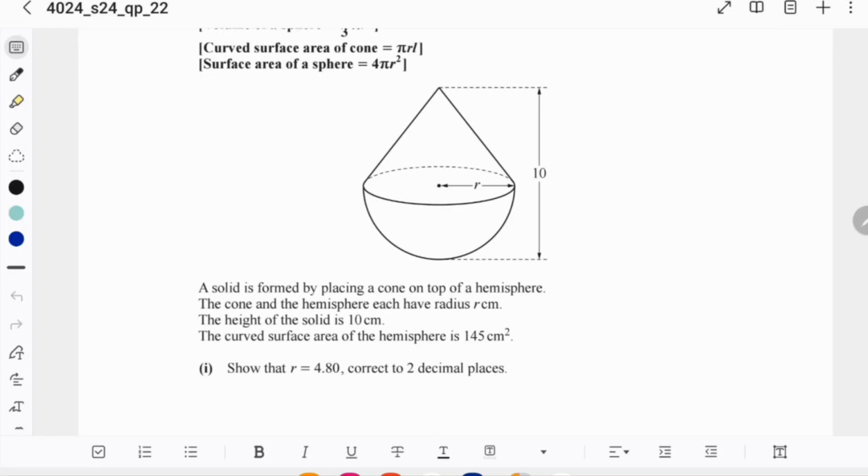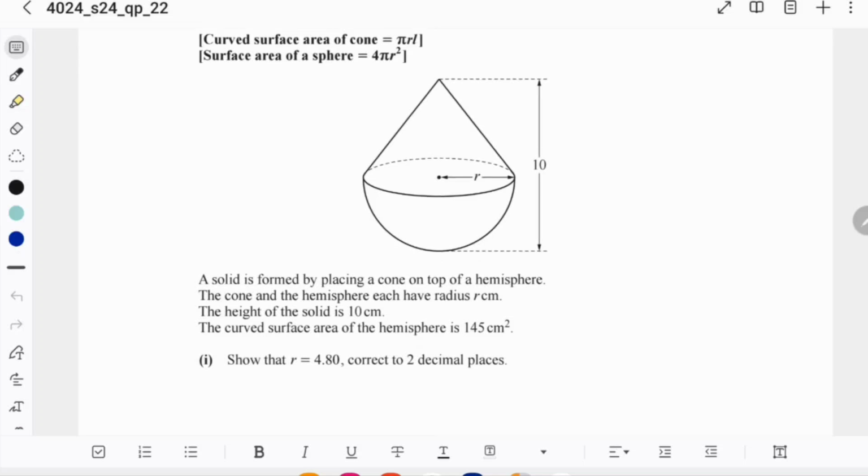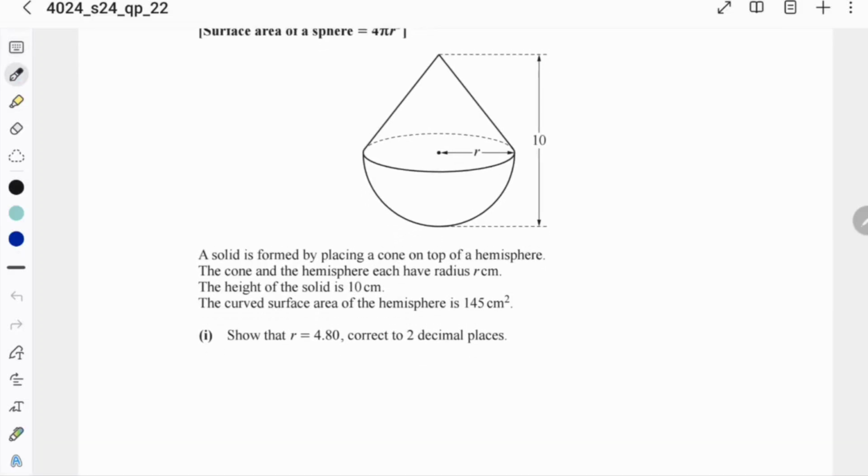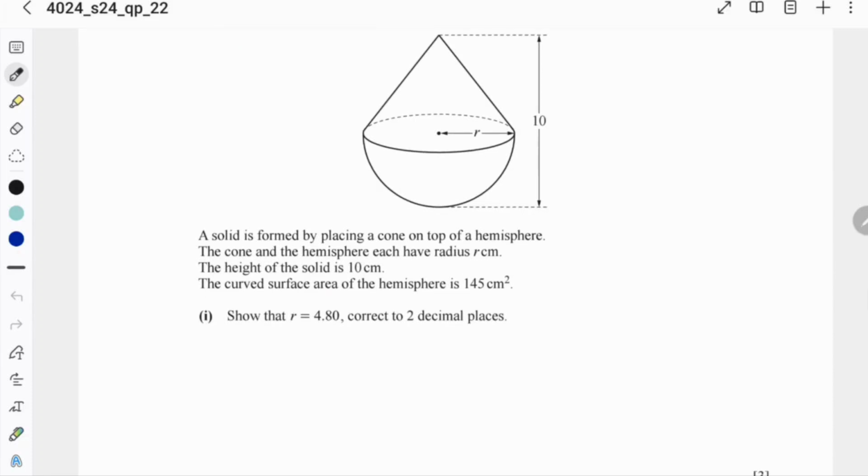For that, 2 pi r squared equals 145, which is given here.